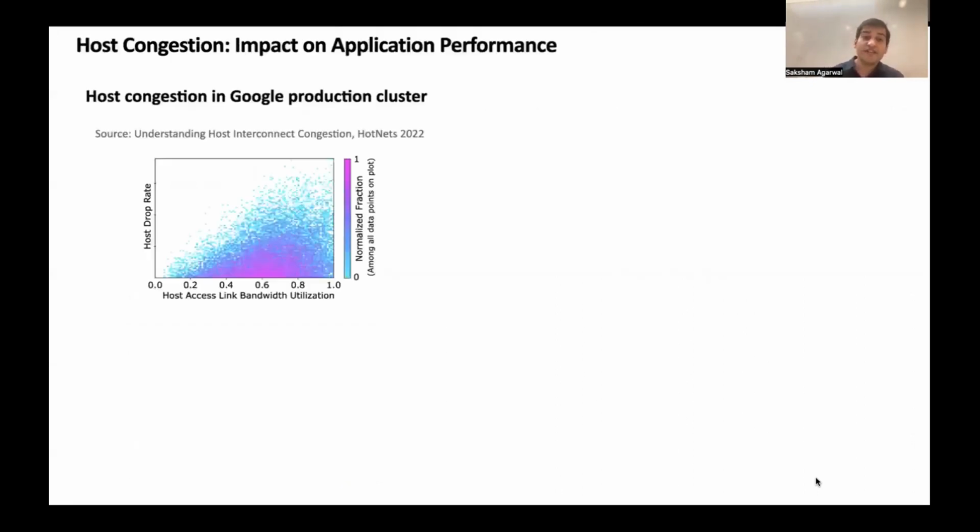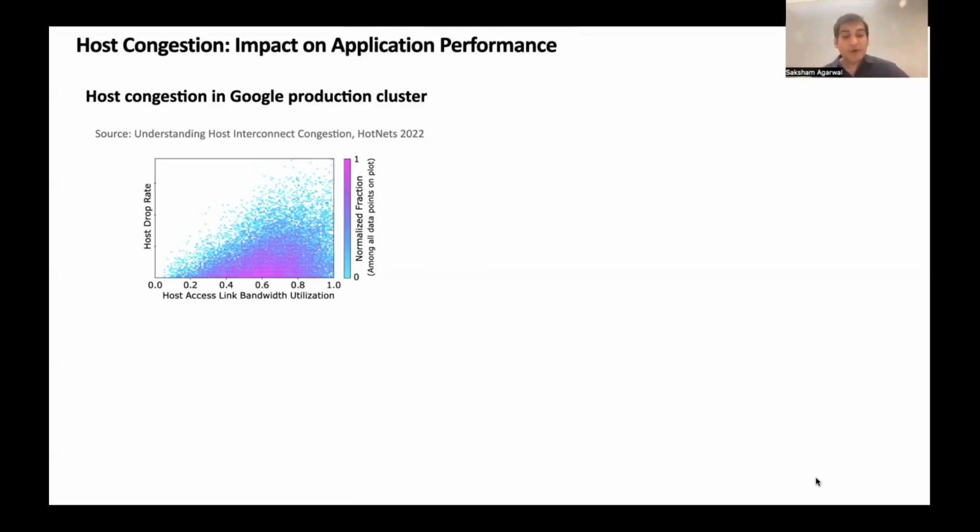For instance, a recent HotNets study demonstrated the evidence of host congestion in Google's production cluster. The figure here shows link access bandwidth utilization on the x-axis and the measured packet drop rates at the end host on the y-axis.